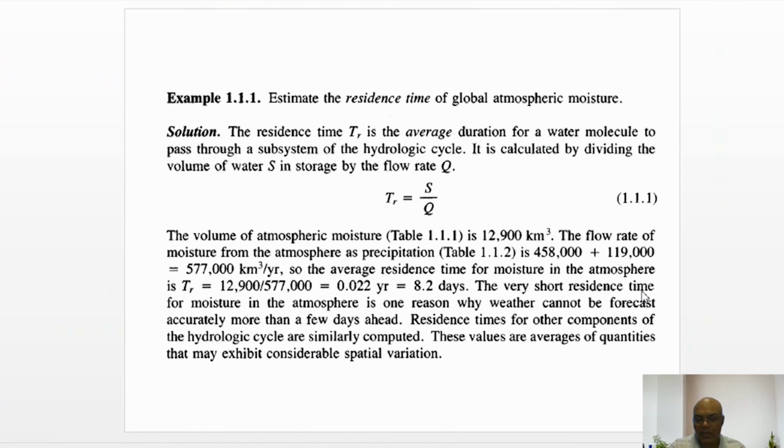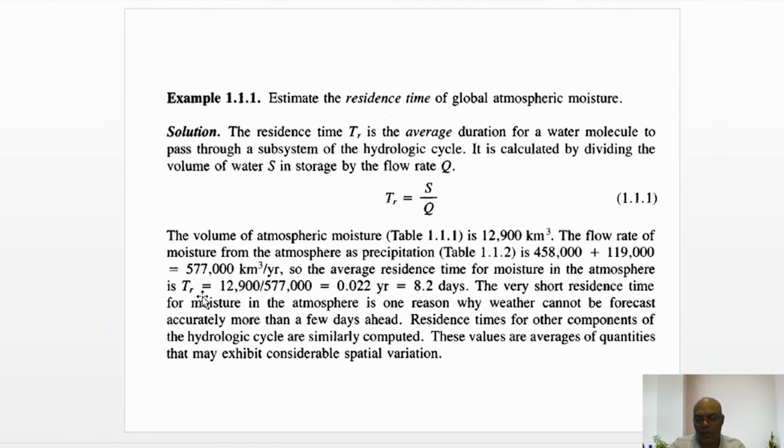Evaporation from oceans is equal to 458,000 kilometer cube per year, and evaporation from land is equal to 119,000 kilometer cube per year. So the total flow rate through this atmosphere is equal to 577,000 kilometer cube per year.